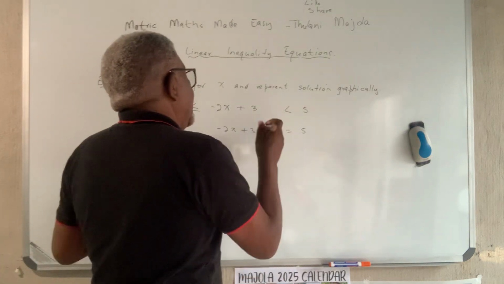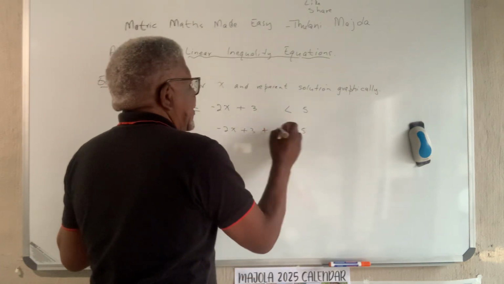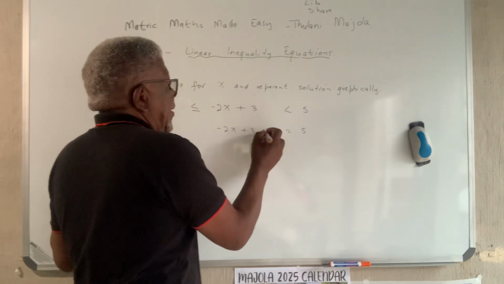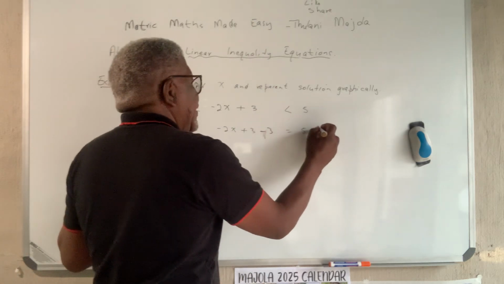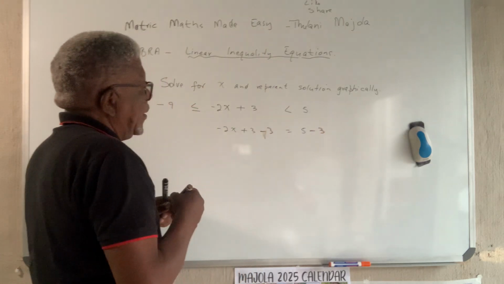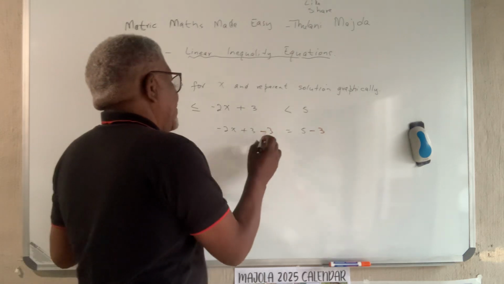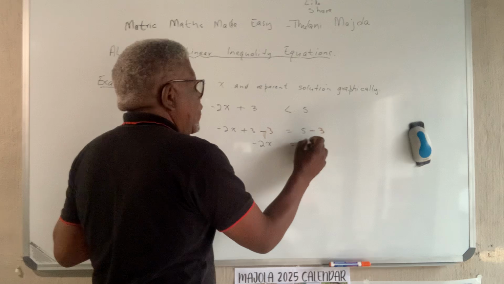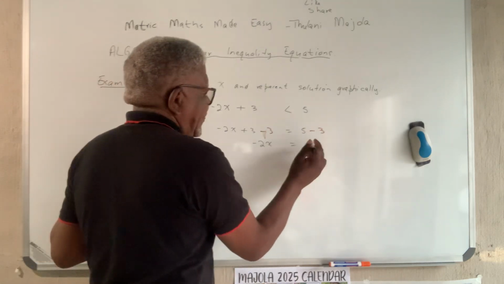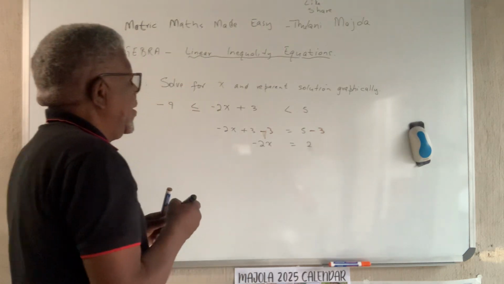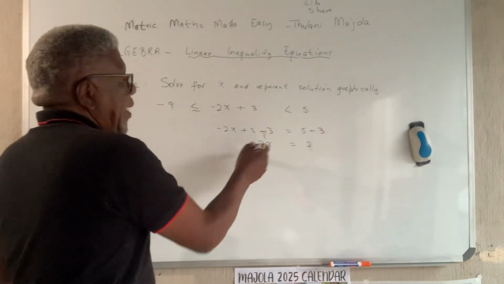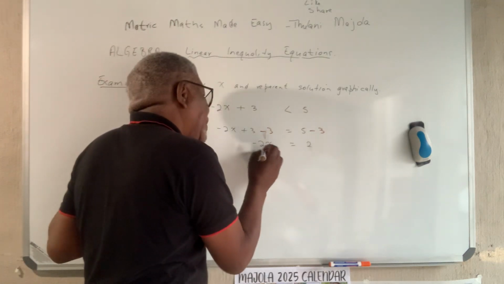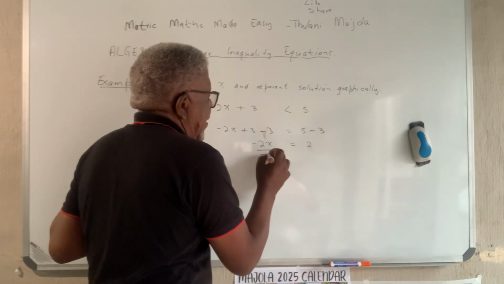What you do is, you must separate the 3 on the left hand side and separate the 3 on the right hand side. Then you end up with negative 2x equals positive 2. Now you want to isolate x, so you divide by negative 2.